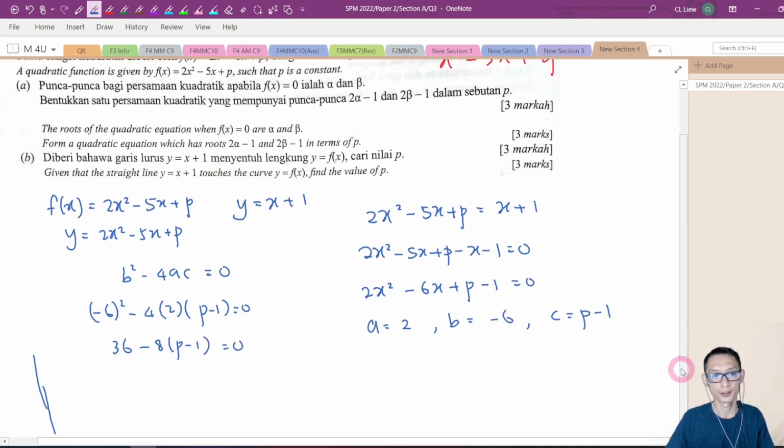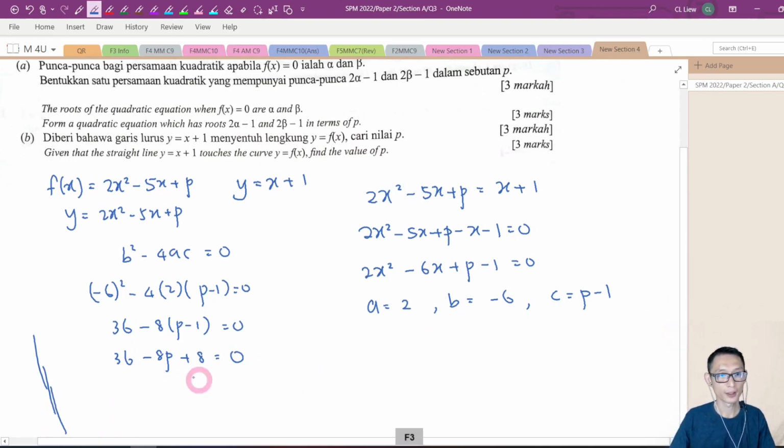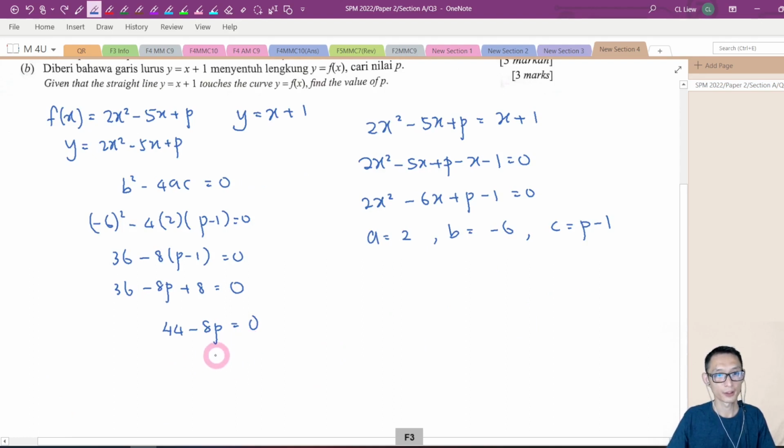Okay, then do some expansion over here. 36 plus 8, you will get 44. 44 minus 8p is equal to 0. So from here, we know that negative 8p is equal to negative 44.